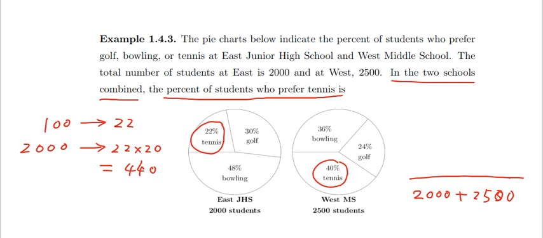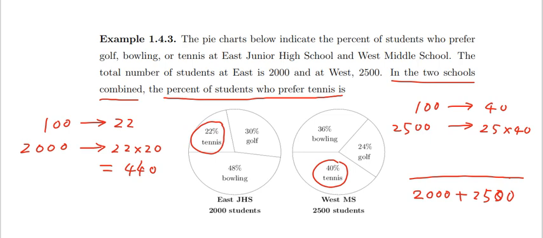For this one it is 40%, so among 100 you have 40, and here we have 2,500, so 25 multiplied by 40 equals 1,000, right?